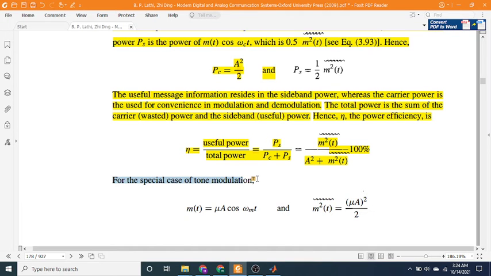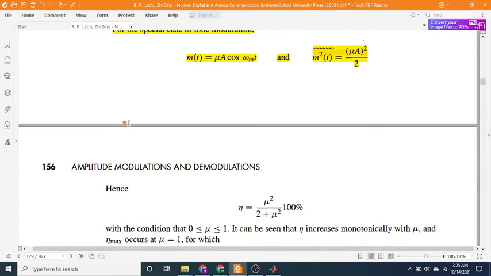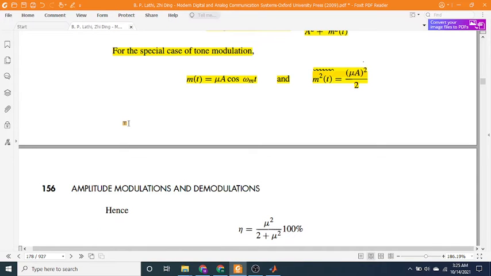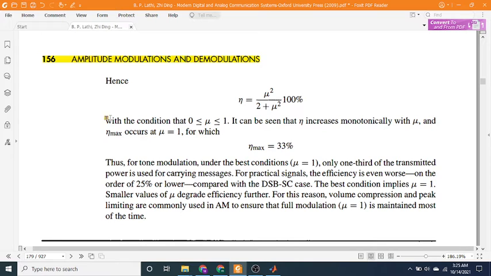For the special case of tone modulation, m(t) = μA cos ω_m t and m²(t) = μ²A²/2. Hence, η = m²(t) / (A² + m²(t)) × 100% = μ² / (2 + μ²) × 100%, with the condition that 0 ≤ μ ≤ 1.